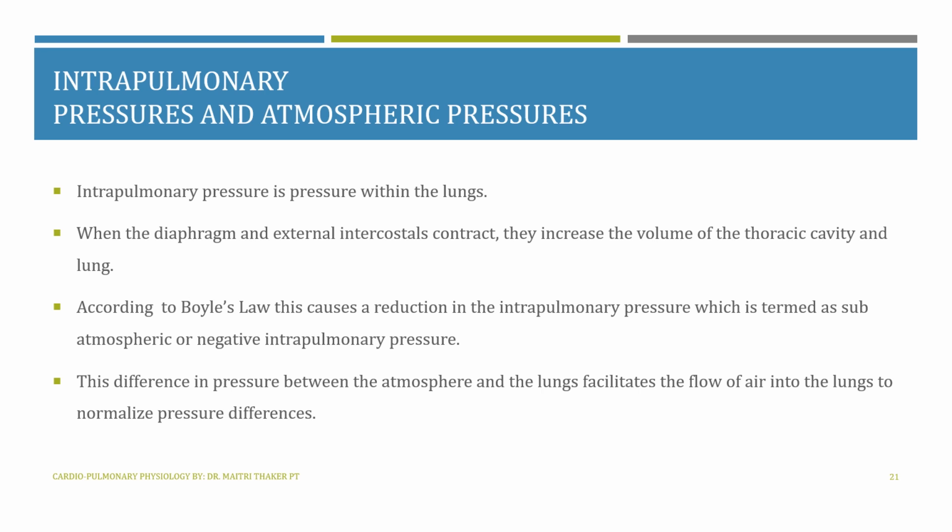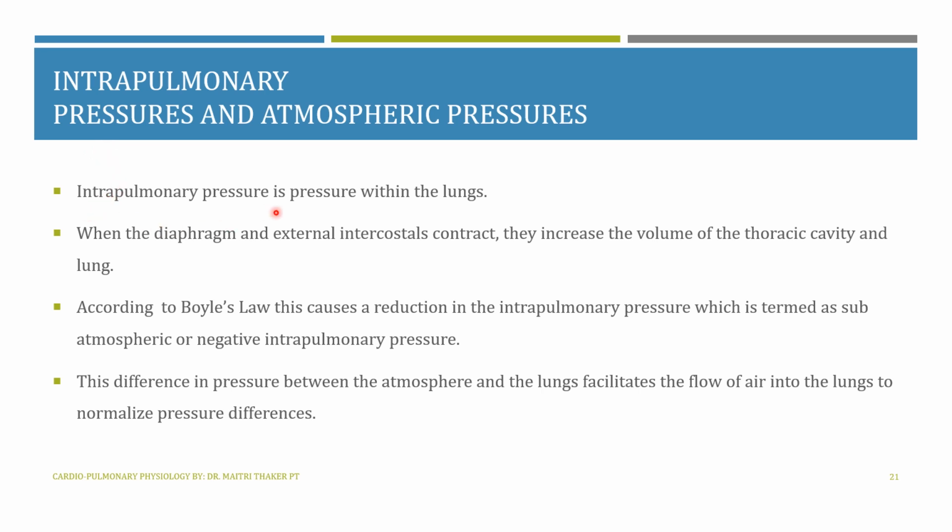Now after the nervous control of our pulmonary system, the next part of the physiology is to understand what kinds of pressures exist in our lungs, because of which we can breathe. First we will discuss intrapulmonary pressure and atmospheric pressure.